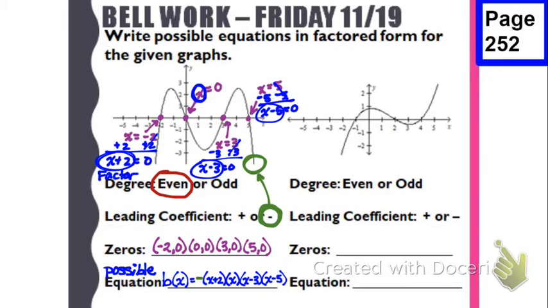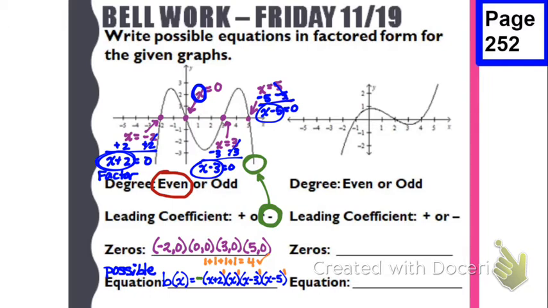So even though I don't see it, each one of these has a power of 1 on it. If I add those exponents together, it should tell me the degree. 4. Is 4 an even number or an odd number? Even. So that matches what we said at the beginning about whether this was an even or an odd function.